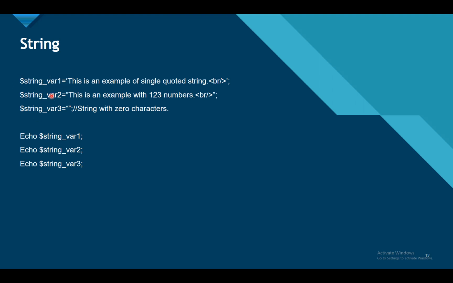So you can see, dapat same sila og pangalan sa variable name nga imong ganang i-display. And don't forget to put semicolon each line. Okay, so if ato ni-run, of course, it will display the value of each variable name, which is this one.